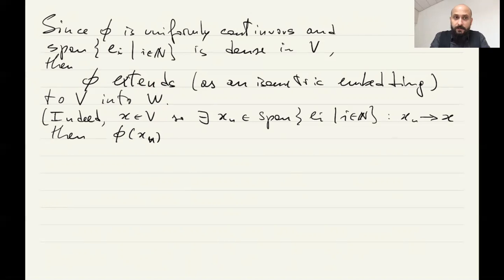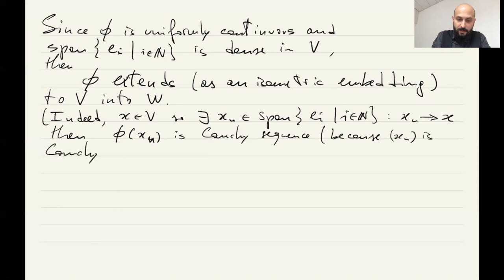However, I claim that this sequence is a Cauchy sequence. Why? Because x_n is Cauchy and phi is an isometry.